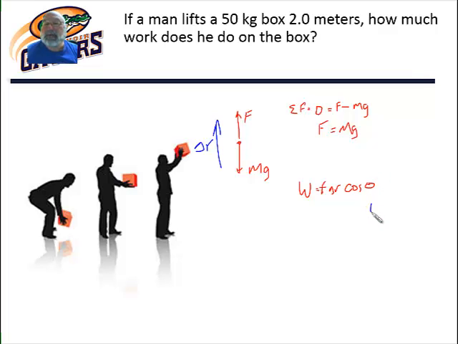So we can put 0 degrees into our cosine, and if you remember, that's equal to 1. The force is m times g, which is 50 times 9.8 for g, times the displacement, which is 2. So 50 times 9.8 is 490, times 2 is 980.